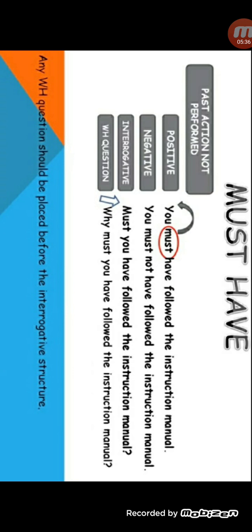So here the must is shifted ahead of your subject when you write a sentence in the interrogative form. With a WH question, you write must after your WH. So that is why: why must you have followed the instruction manual?